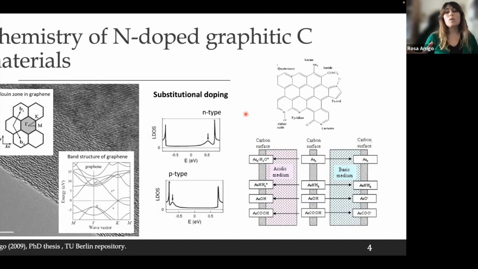And this, of course, will have an influence on the very process of preparing a catalyst by, for example, a top-down approach with the immobilization of metal species on this carbon support.